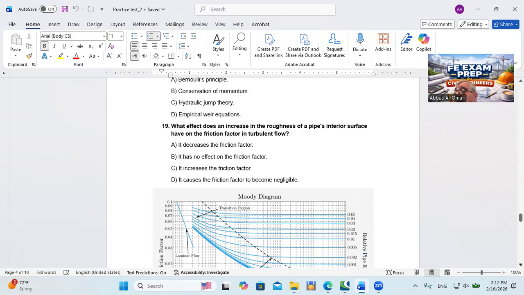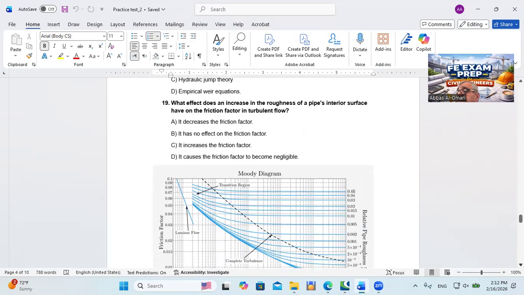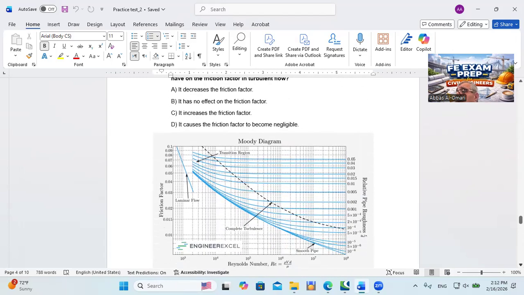Now, in turbulent and laminar flow, head loss is dominated by viscous forces.